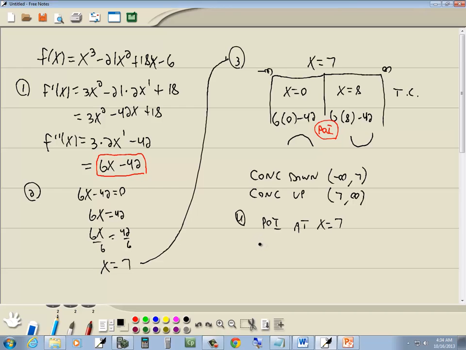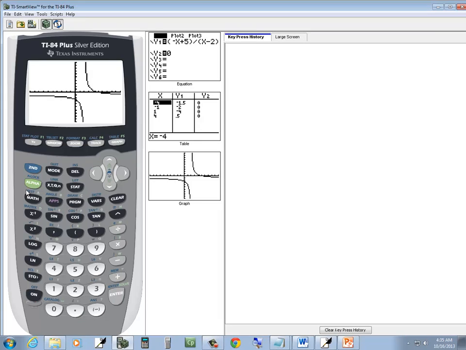Now our last step is we take that 7, we plug it back into our original function. And that'll give us our y. So we've got y is equal to 7 to the third minus 21 times 7 squared plus 18 times 7 minus 6. Okay, so we'll do second mode x out of graph here.